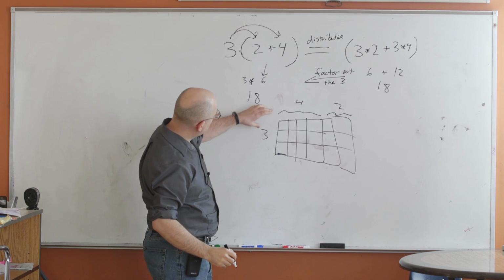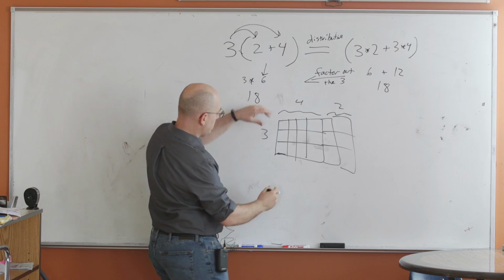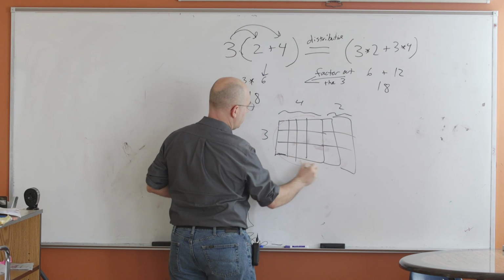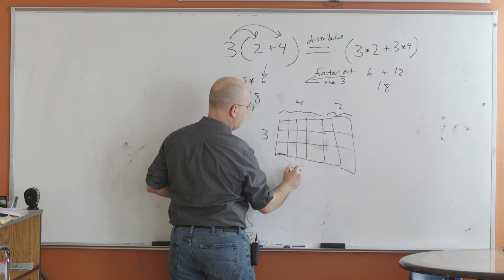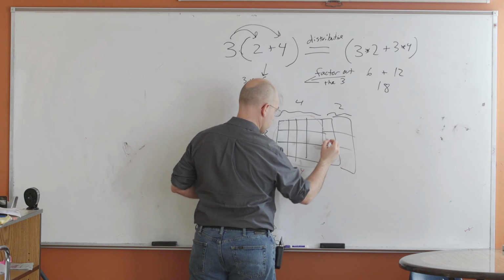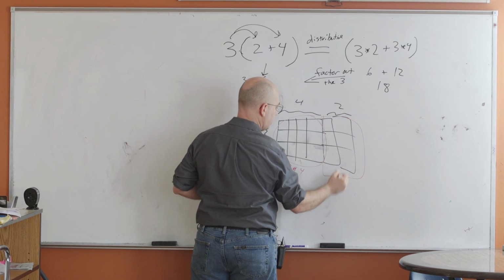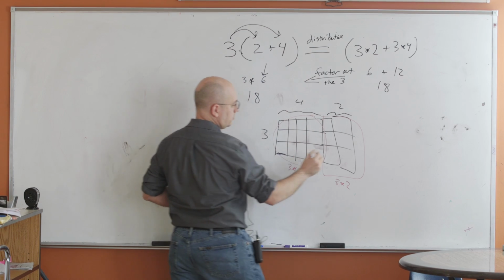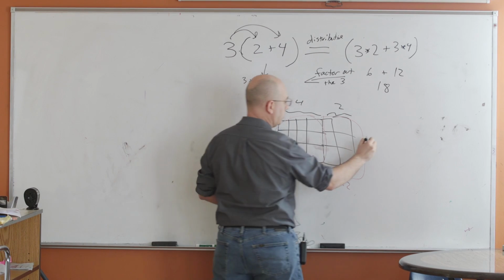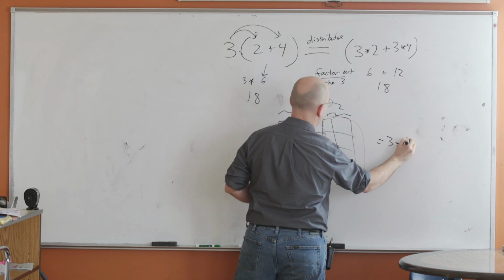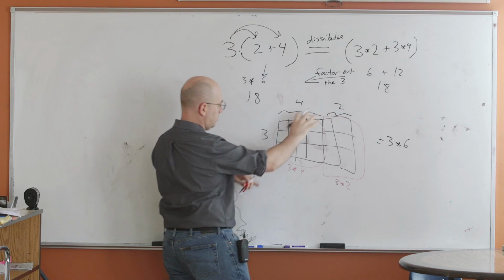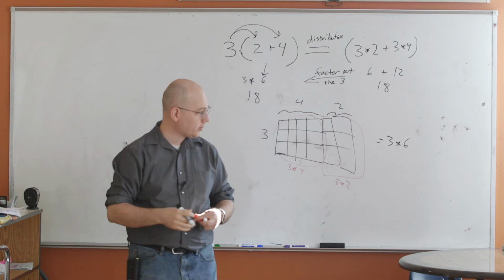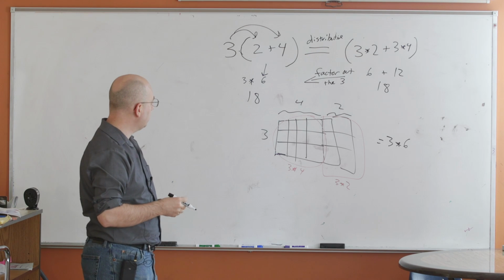And so if I just look at this part of the problem, this is like 3 times 4. If I look at this part of the problem over here, it's 3 times 2. And the whole thing is also 3 times 6, the number of columns times the number of rows. So that's sort of why the distributive property works in some ways.